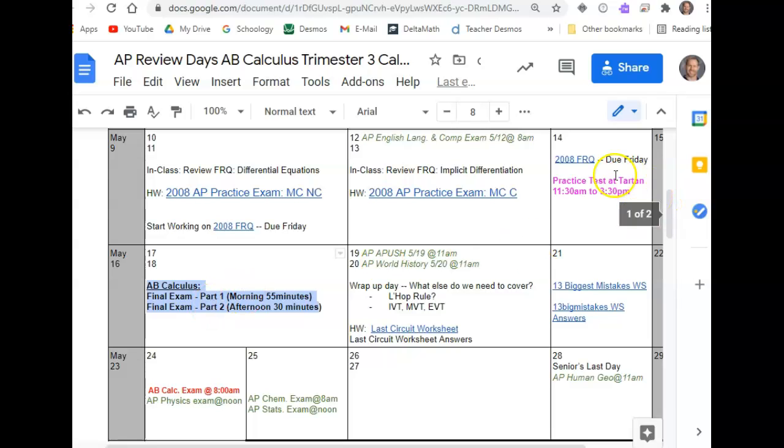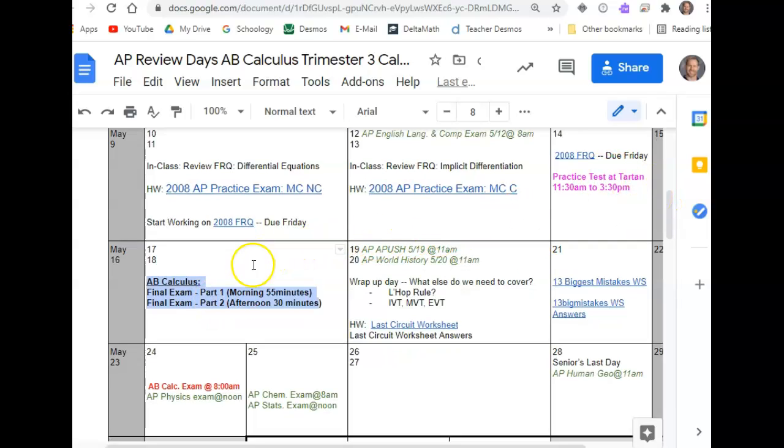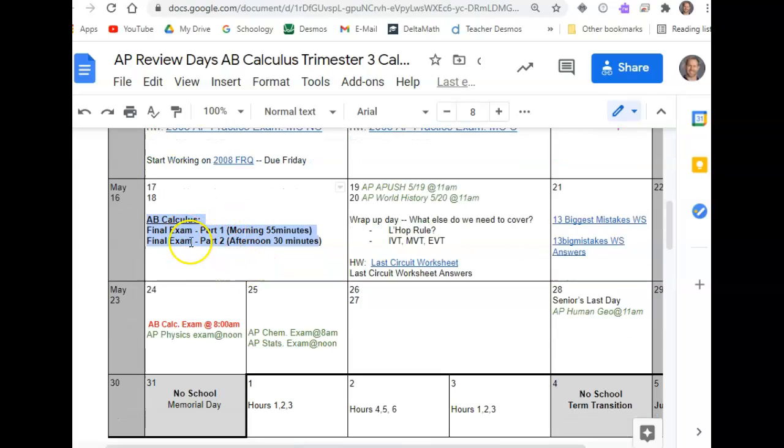If you are not going to take the practice exam in Tartan, then we're going to have a modified exam on the 17th or 18th of May, and that'll be for our final calculus here. Now it makes sense to take that before the AP test. That's why we're doing it then.